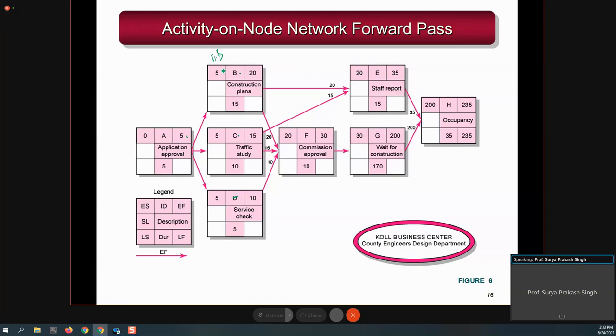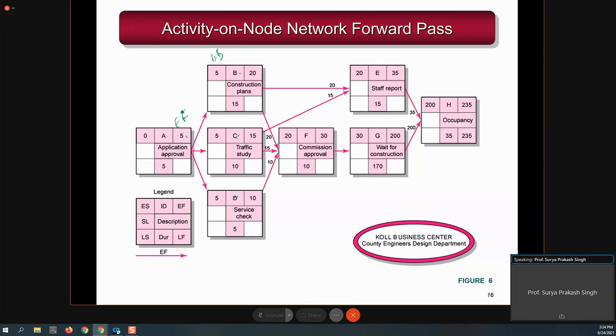Definitely the early start time of B will depend on the early finish time of A, because unless A is over, you cannot start B. Similarly, unless A is over, you cannot start C and D. So the early start of B is 5 days, and this 5 days depends on the early finish time of the A activity.